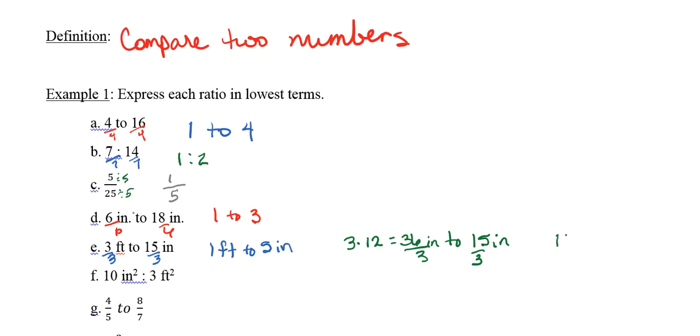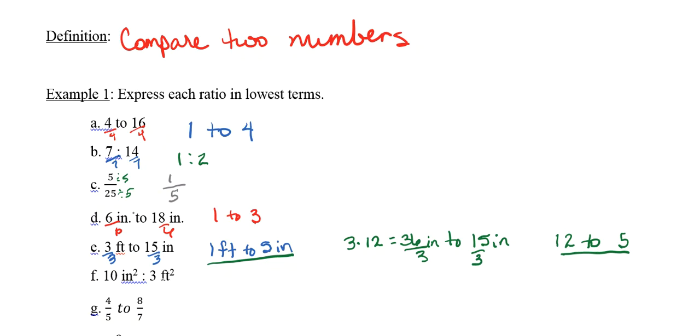So what I get is a 12 to 5 ratio. So every 12 units on the larger one is equal to 5 units on the smaller one, whether that's in feet or inches. So I don't need the units if I have the same units, but if I have different units, I do have to write them down. So you can do your answer like this or like this. And I actually just realized I could have just used the reduced one because 1 foot is 12 inches.